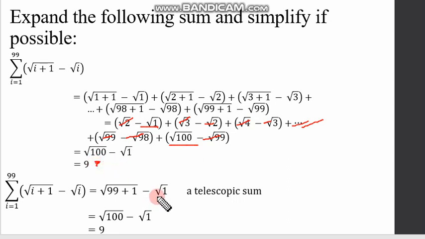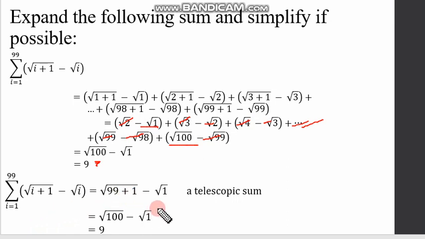If we apply the telescopic sum, the sum of f of i plus 1 minus f of i is equal to f of n plus 1 minus f of m.